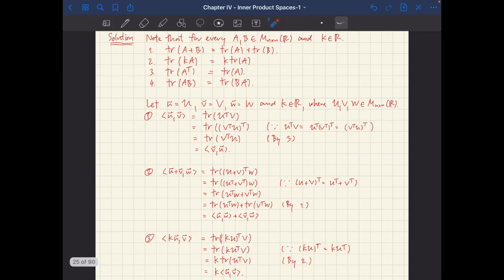For number 1, we need to prove that the inner product of u and v is equal to the inner product of v and u. This is the trace of u transpose v, right?